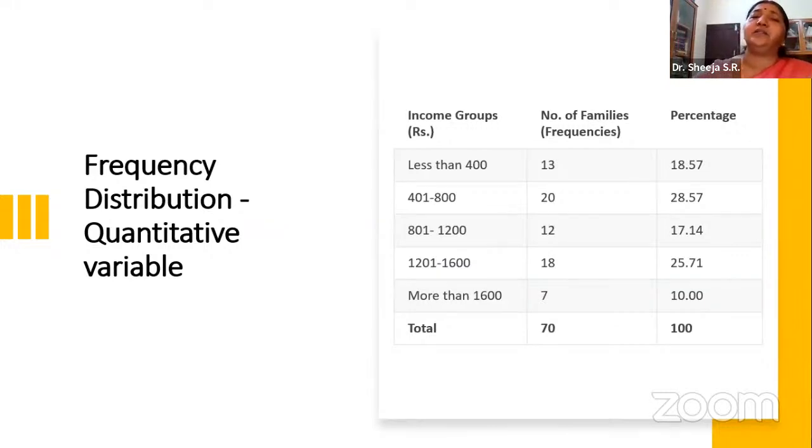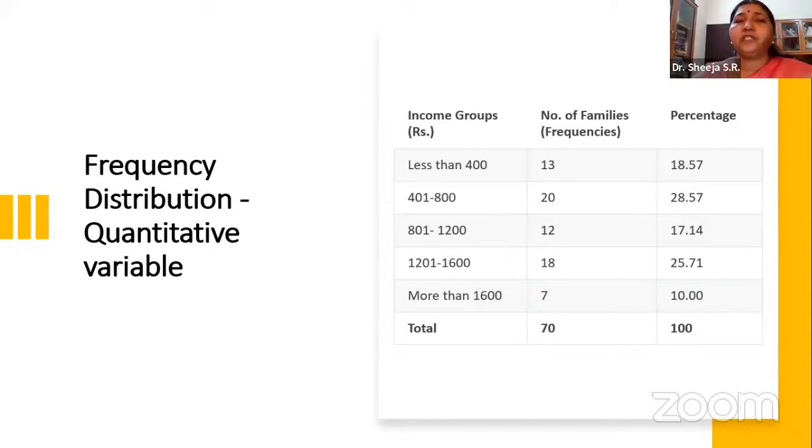The first class refers to people who get income less than 400. Then the second category is 400 to 800, the number of people who get income between 400 to 800. So from this tabular presentation, it is very easy to find that among 70 families, the highest number, 20 families, get income between 400 to 800.